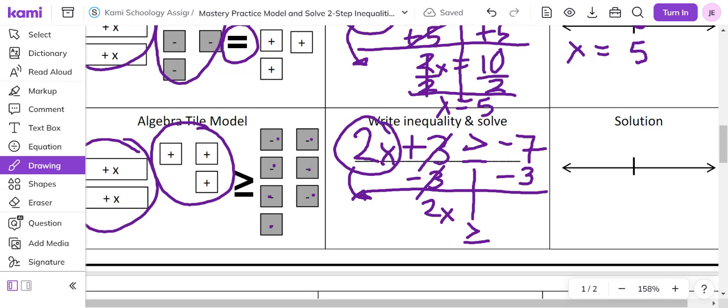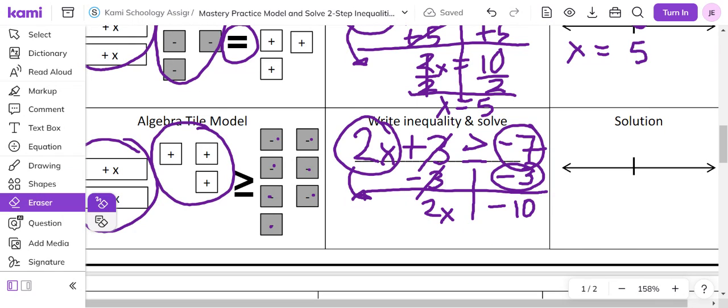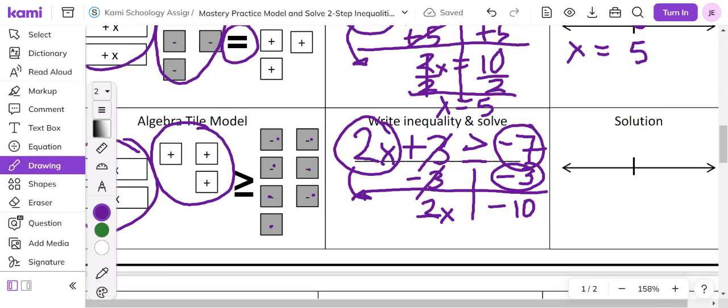And if we started with 7 negative, and then we got more negative, we subtracted 3. So 7 negatives and 3 negatives is going to give us 10 negatives. We're going to divide both sides by 2. 2 divided by 2 is going to give us 1.